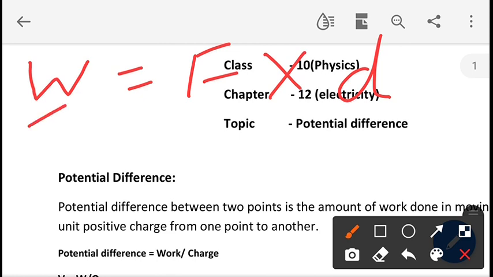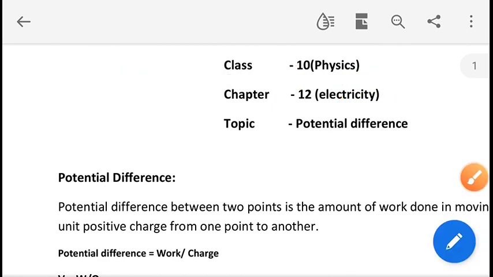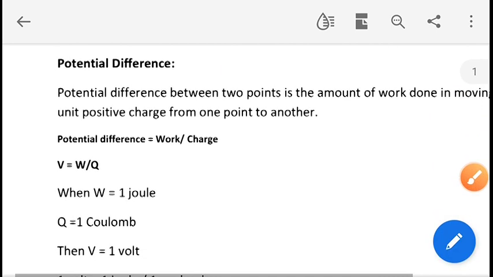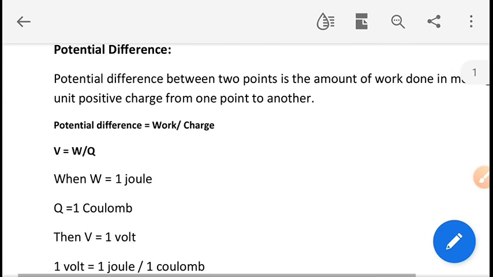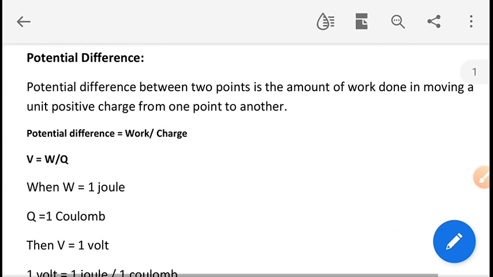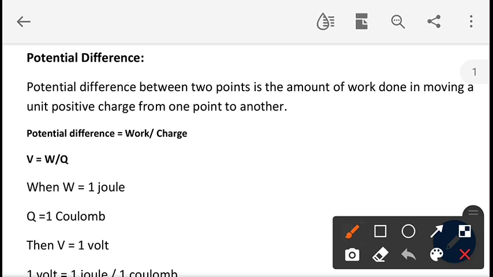In the same way here also, for potential difference I have taken the symbol V. Potential difference is equal to work upon charge.